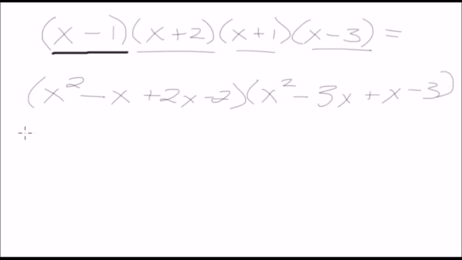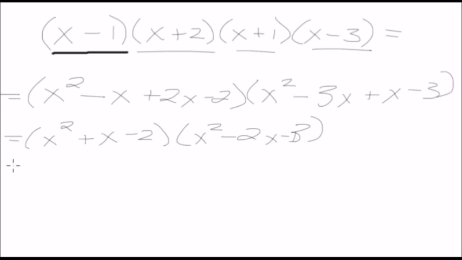I'm going to combine like terms, so I get x squared plus x minus 2 times x squared minus 2x minus 3. I'm going to go ahead and now distribute across the remaining factors. I get x to the 4th minus 2x cubed minus 3x squared.